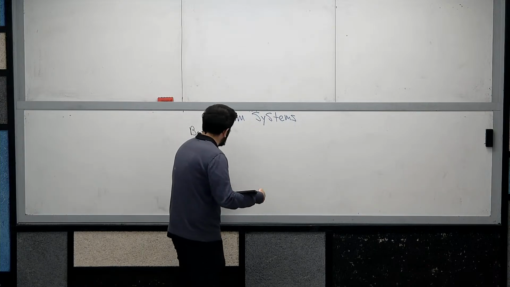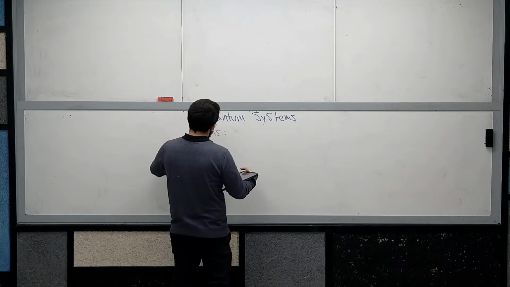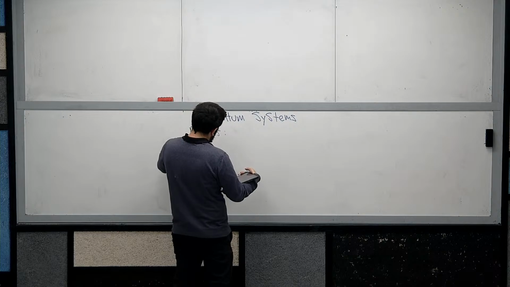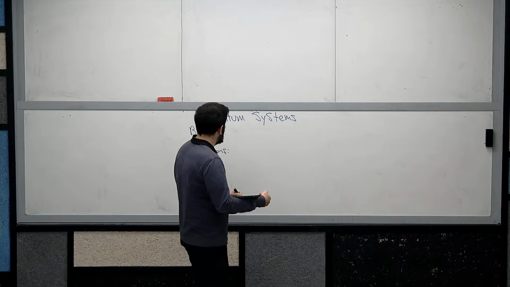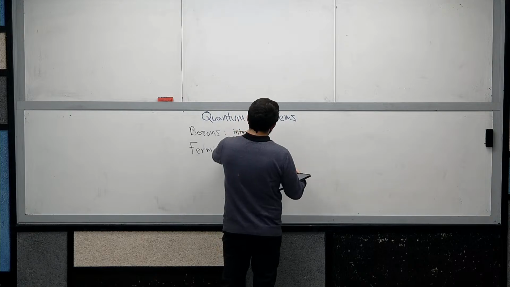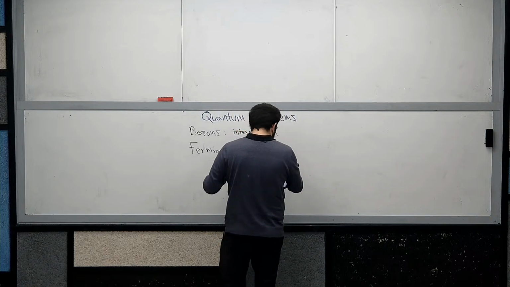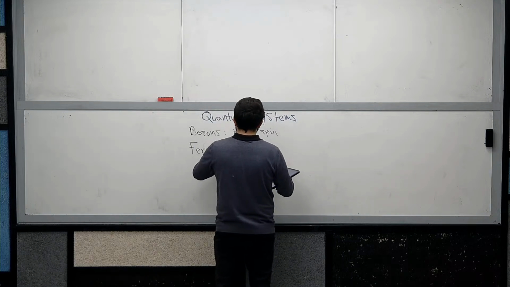Do you know what the characteristics of each type of particle are? I don't remember. So bosons have integer spin, and fermions have half integer spin.